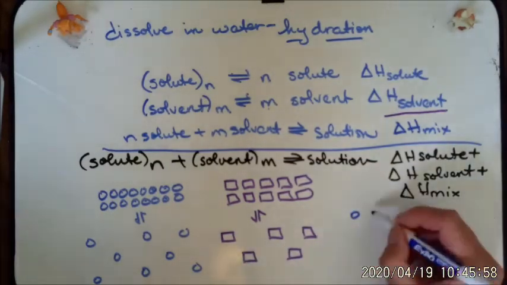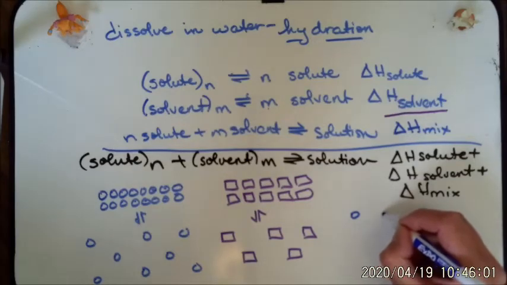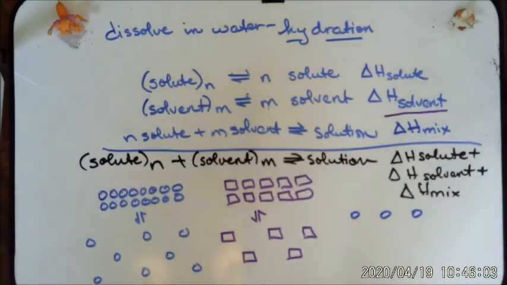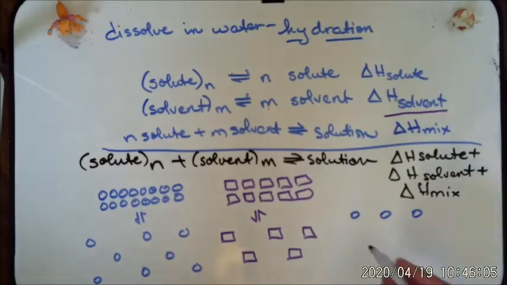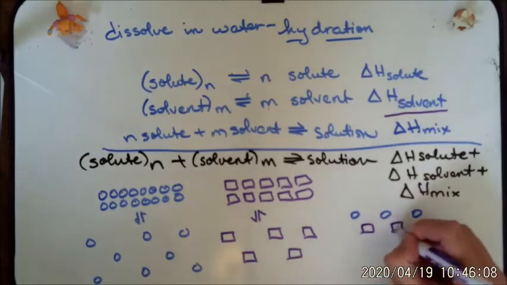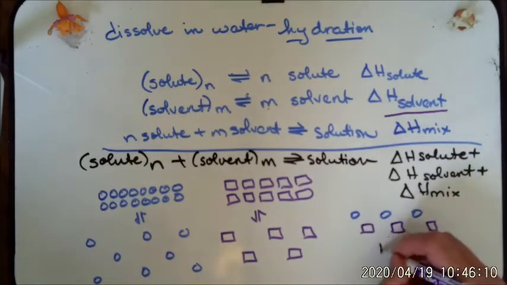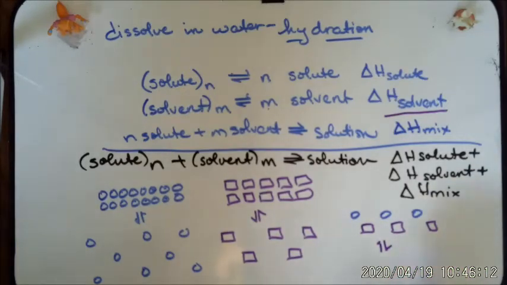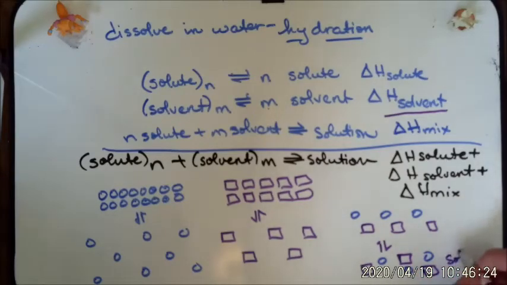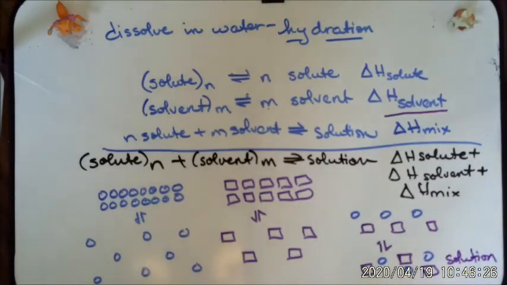When we take these individual components, we mix it up. Here's my n solute. Here's my m solvent. And all we're saying is now we're doing the mix. And this is my solution. Okay, so why do I want to spend a moment to go over this?